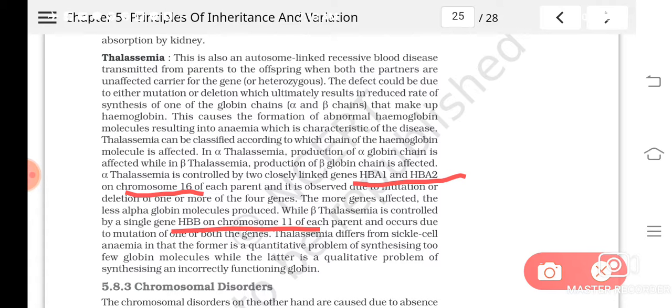In thalassemia, the amount of RBC or hemoglobin will be less. So it's a quantitative problem of synthesizing few globin molecules. But sickle cell anemia is a qualitative problem of synthesizing incorrectly functioning globin.